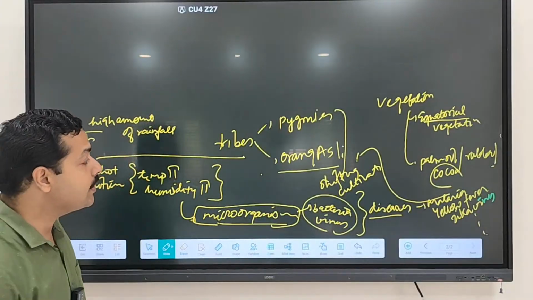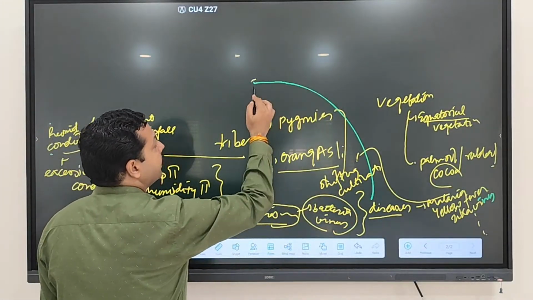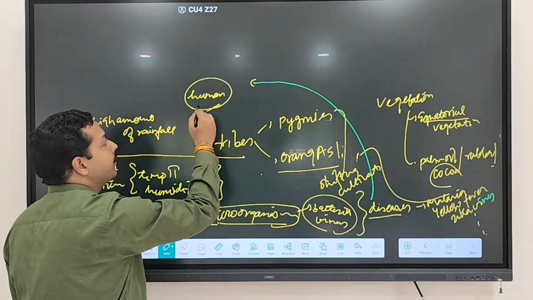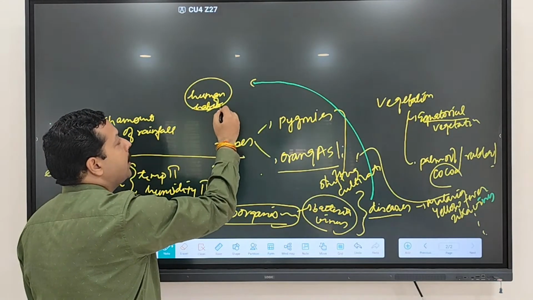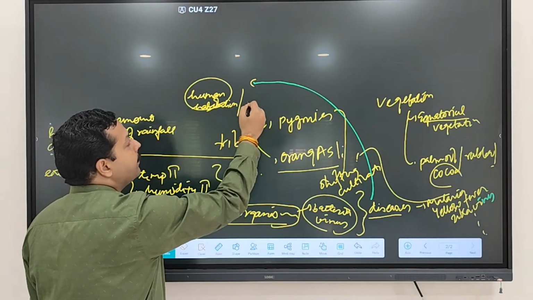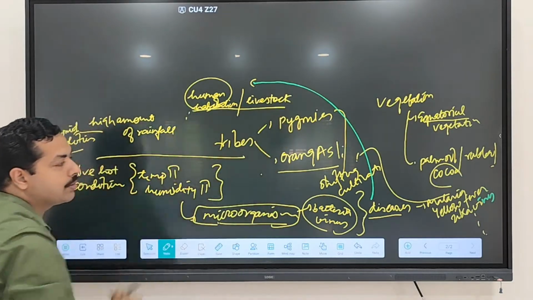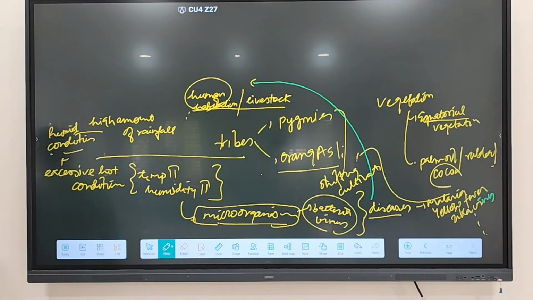That's why this region is not very suitable for whom? This region is not very suitable for human habitation or even livestock. Fine. Clear?